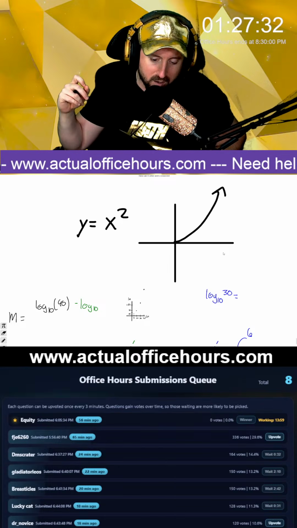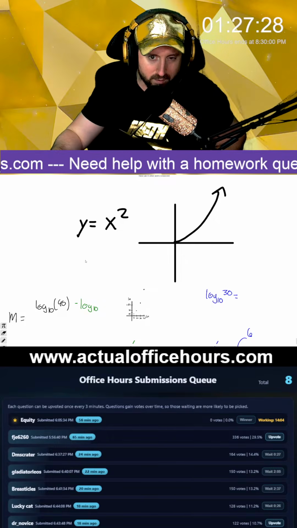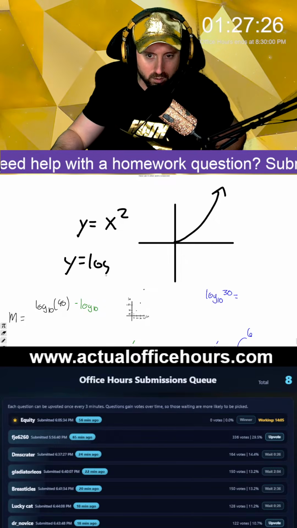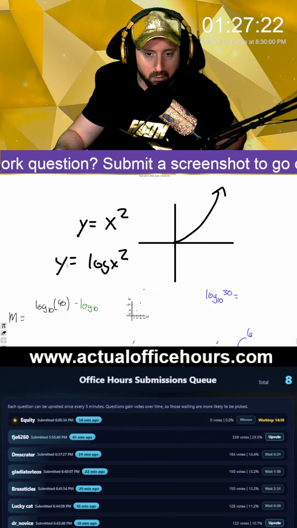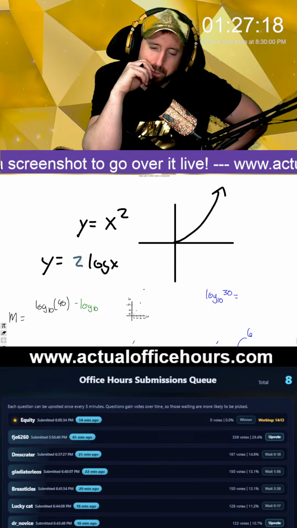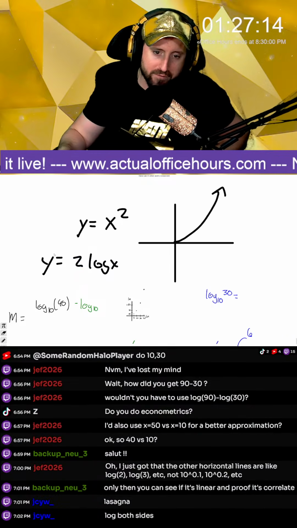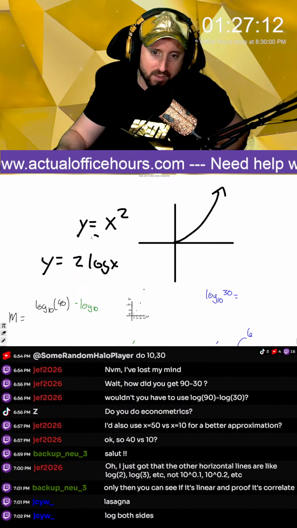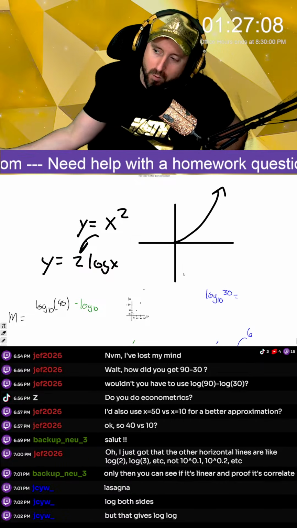If I were to take the log of the right side, then I would get y is equal to log of x squared. So I get y is equal to, what was that, 2 log x? Is this the way I want to do it? I forget. Yeah, so this is a case of if you graphed y versus the log of x, then it would be a line. Yeah, I don't want log, I want ln, right?